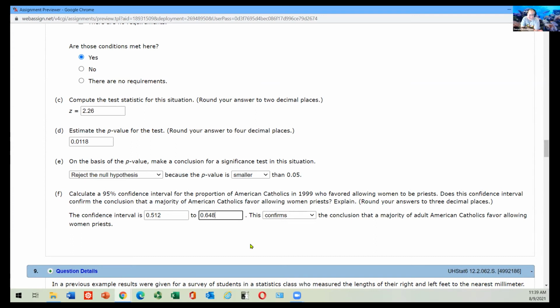When people come out of the polling station, they randomly select people and ask, who did you vote for, Republican or Democrat? And if they answer honestly, they can use that sample and test, did more than 50% of the people say they were going to vote Republican? Because isn't that all you need to win the election? More than 50%.